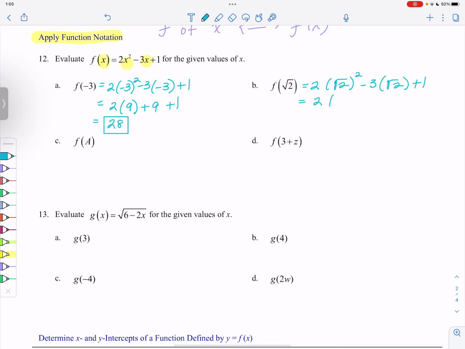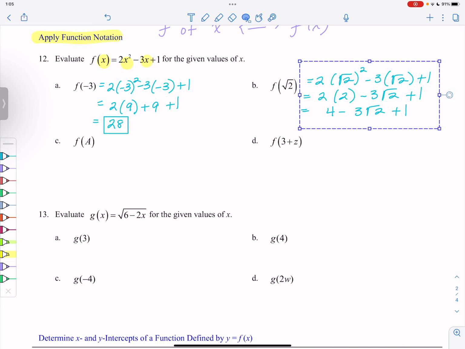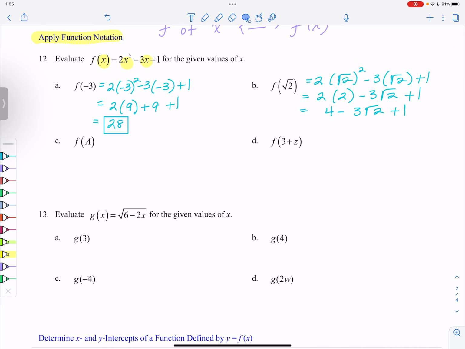Well, when we square the square root of 2, it's just 2. And then we end up with 4 minus 3 root 2 plus 1. And now we can combine these two like terms and have 5 minus 3 root 2.